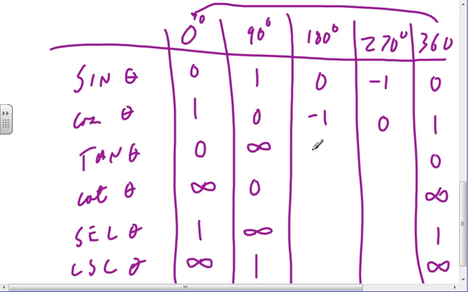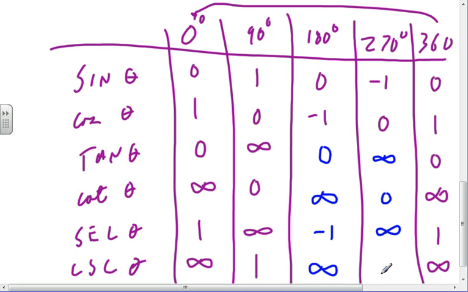All right, come down this way. The tangent is going to be 0. The tangent is going to be undefined. Cotangent is undefined. Cotangent is 0. Secant minus 1. Undefined.